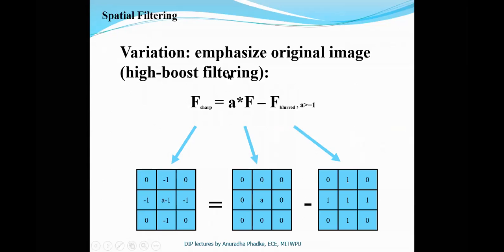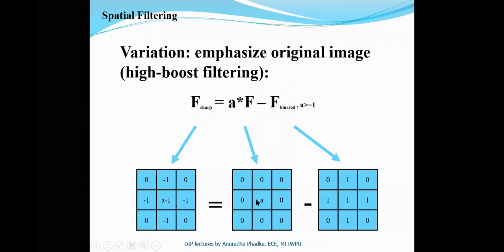So corresponding to this operation, we can directly obtain the mask for high boost filtering as shown here. We can get this mask by A into F minus F blurred. So this is your A into F. This is the blurring filter. So this minus this gives us a mask which is equivalent to high boost filtering.